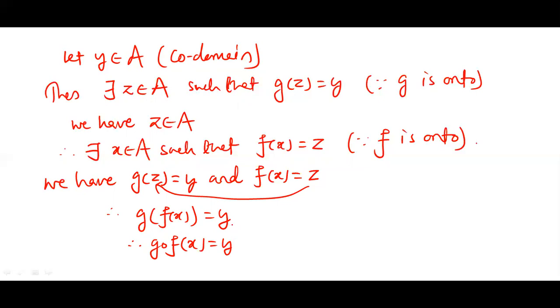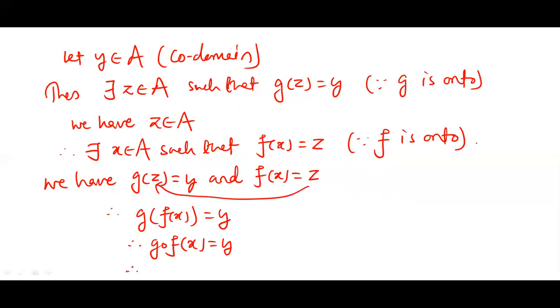Means for any y belonging to A, we have x belonging to A such that g naught f of x equals y. That is, for every element of the codomain there is an element in the domain under function g naught f such that g naught f of x equals y.